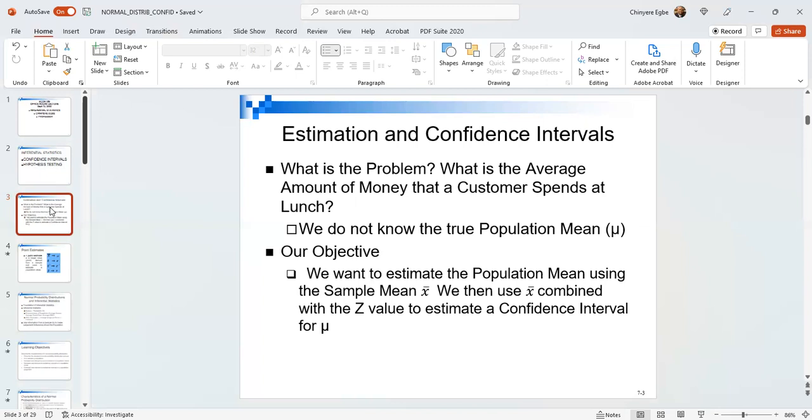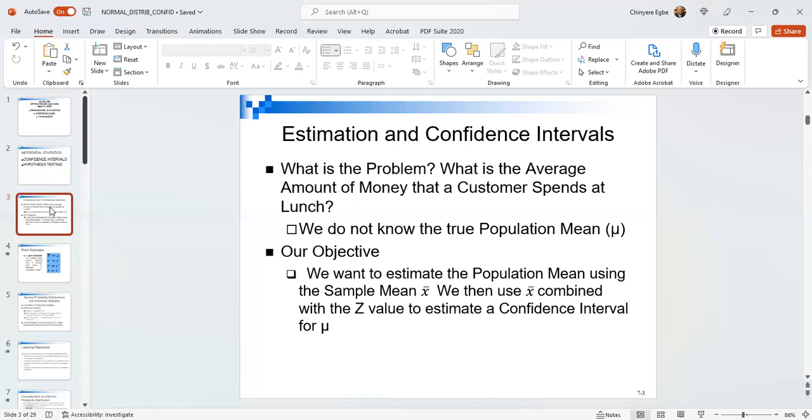So let us ask ourselves a simple question: what is the problem? The problem is that we are trying to estimate, say, an average, and I'll give you an example. Let us say, during a rainy day or for any reason at all, we want to ask ourselves, what is the average travel time that a student takes to travel to school from wherever they are?